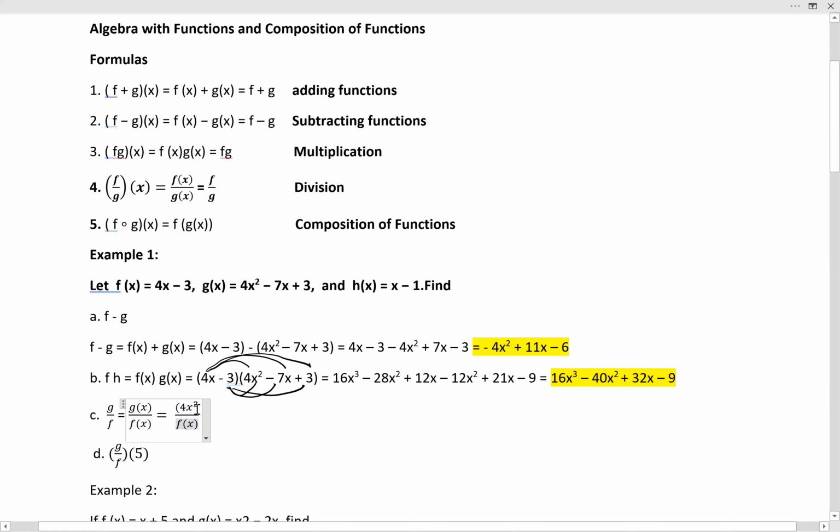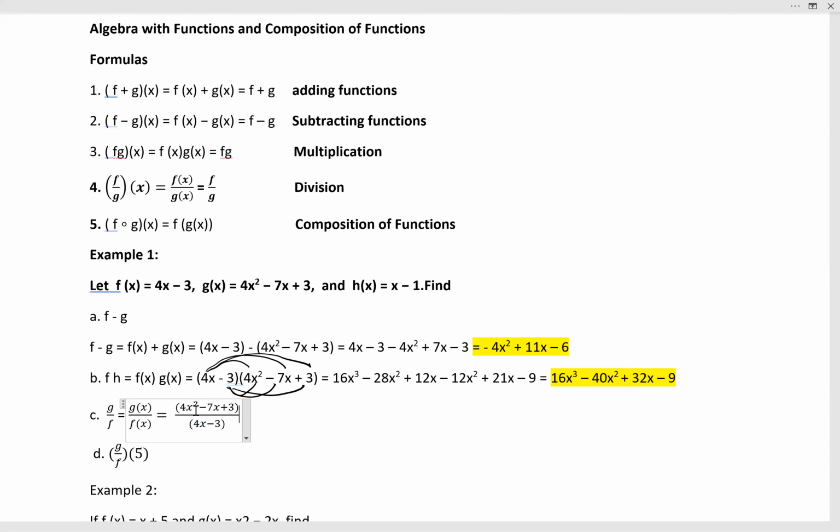Okay, so 4x squared minus 7x plus 3, close parentheses. And f of x, I'm going to change that to become 4x minus 3. Okay? Don't forget the parentheses.